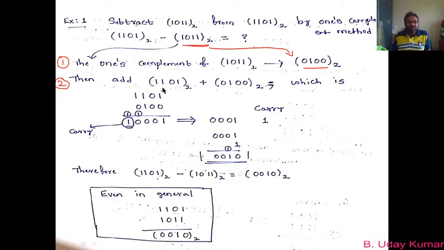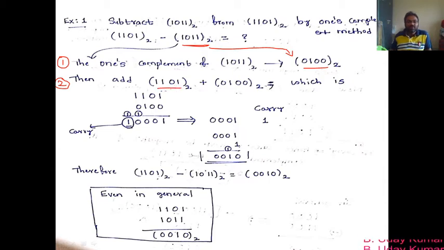So 1101 is taken as it is, and actually we were subtracting 1011 from 1101, but what we are doing now is adding the 1's complement of 1011 to 1101. The 1's complement of 1011 is 0100, and that 0100 is being added to 1101.